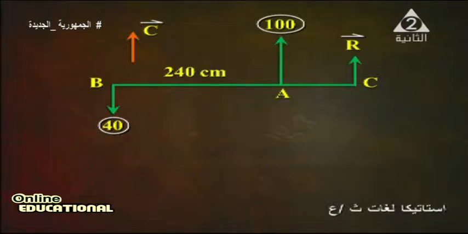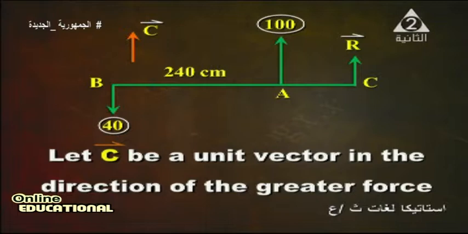Look at R at C. R is with the biggest force. The biggest force is 100. Then we deduce that, let's see, the unit vector C in the direction of the greatest force. What is the greatest force? 100.